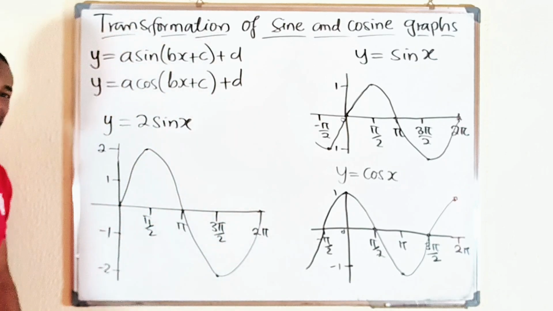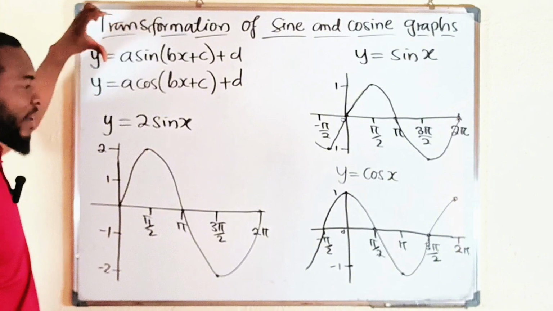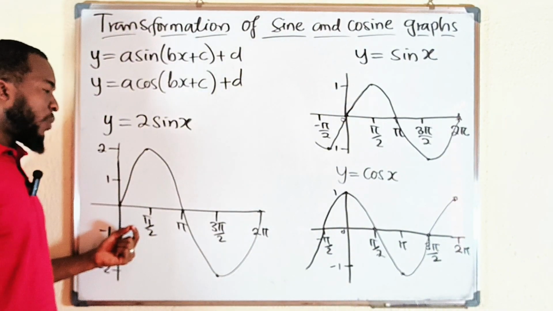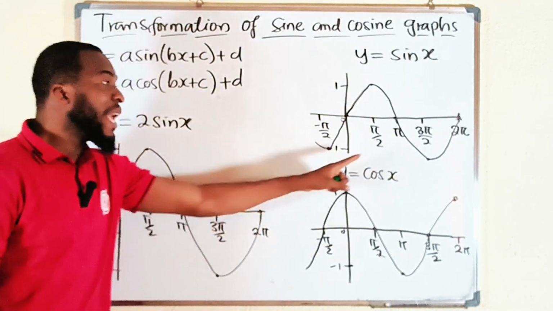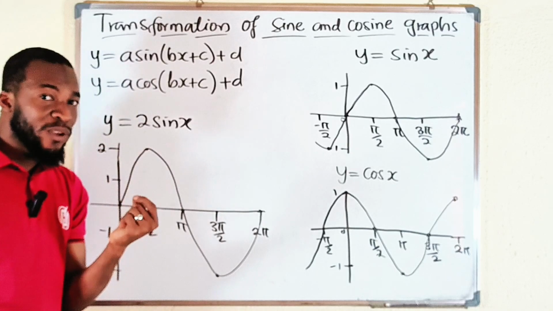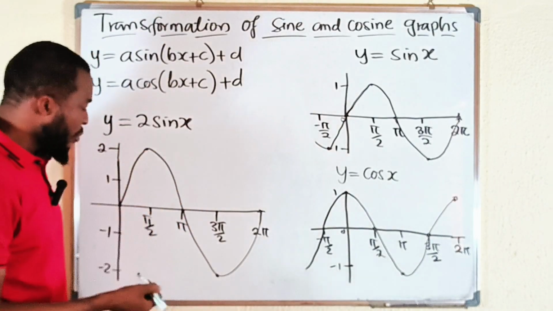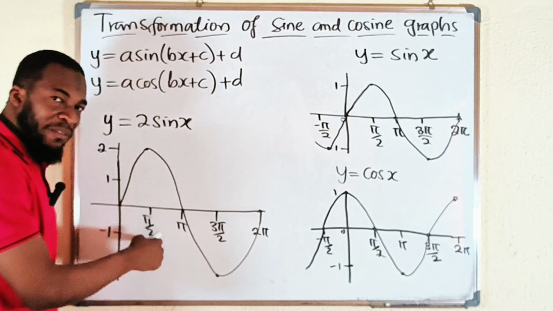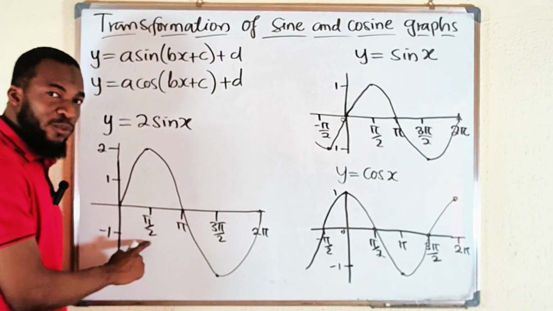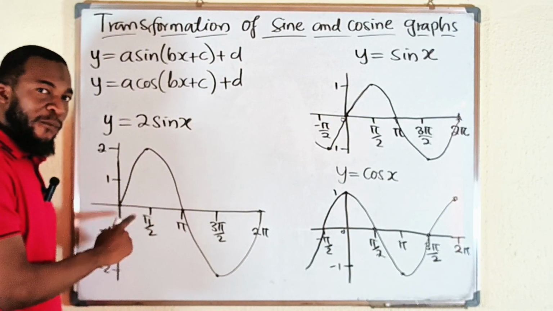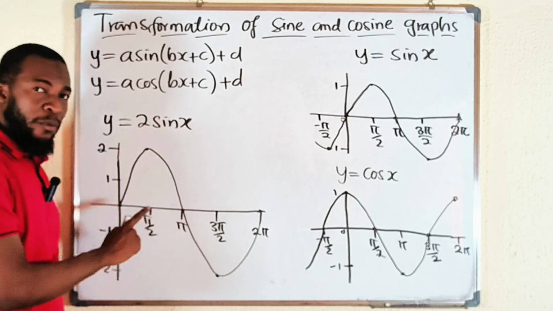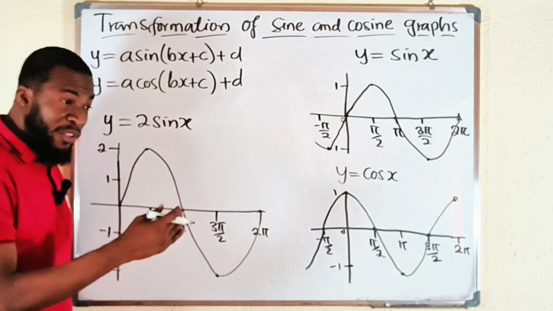Look at it here. You see that? It has now stretched the graph vertically. And this graph may be bigger than this one. It depends on the number of units you have taken on your graph. You know your graph sheet has some boxes. You may say, okay, every 5 small boxes represent pi over 2, or every 4 small boxes represent pi over 2. It depends on the unit.